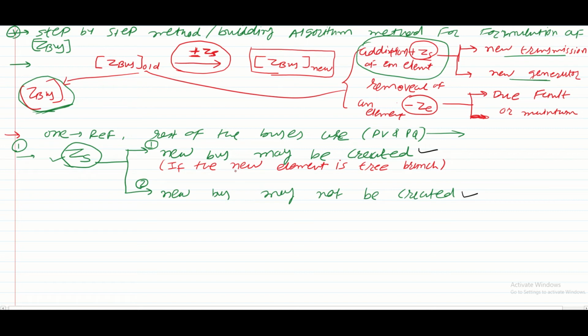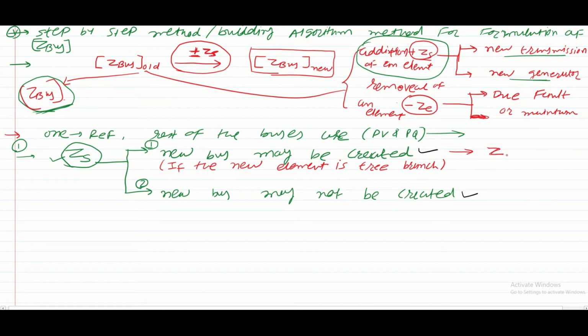If the new element is a tree branch, then there may be a possibility of a new bus being created in the system. And we all know if a new bus is created, then the size of the Z-bus matrix will change, as the size of the Z-bus matrix depends on the total number of buses in the system.